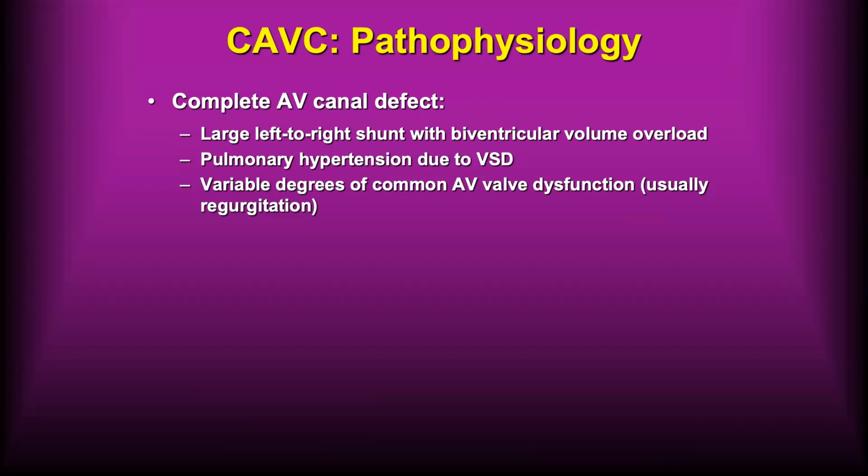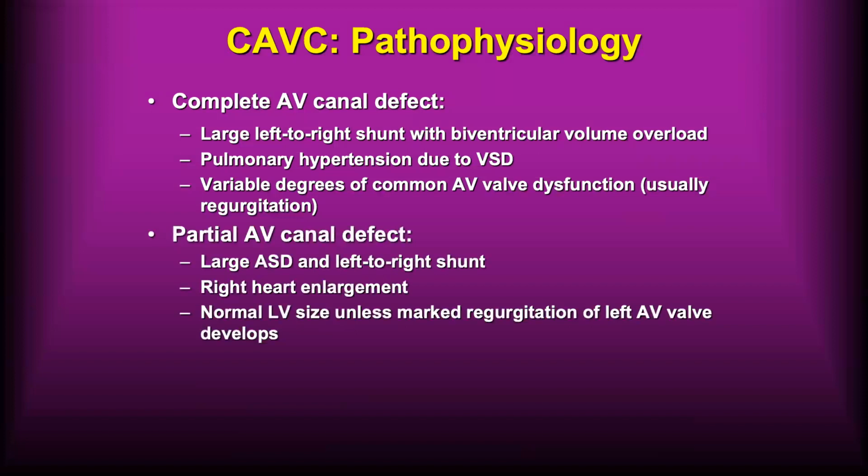And usually the AV valve is dysfunctional with regurgitation. With the partial AV canal defect, again, we've got the large ASD, which is ostium primum, left to right shunt, right heart getting bigger, and then normal LV size unless the left AV valve is leaking.